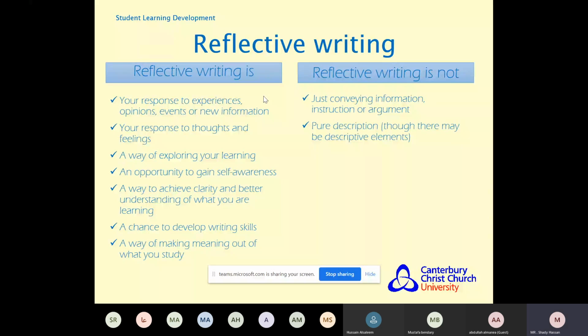You're giving your opinion, your point of view, your thoughts. Straightforward decision or judgment, for example, about whether something is right or wrong, good or bad. It's not a straightforward decision.